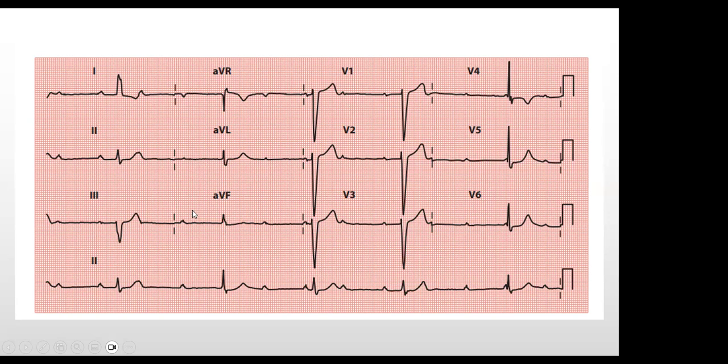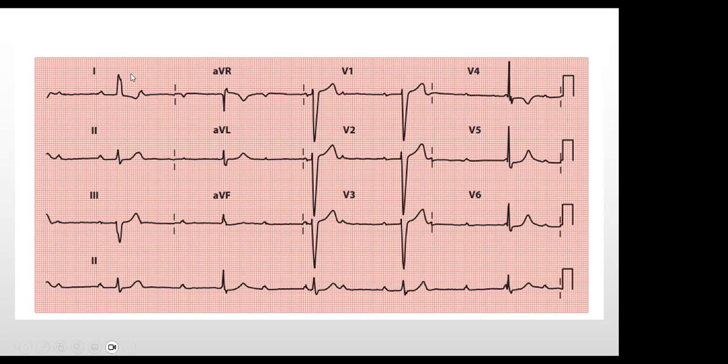Any other finding? I was thinking the broad complexes are ventricular, the escape rhythm, the ventricular escape rhythm. That's why we have them broad like that.